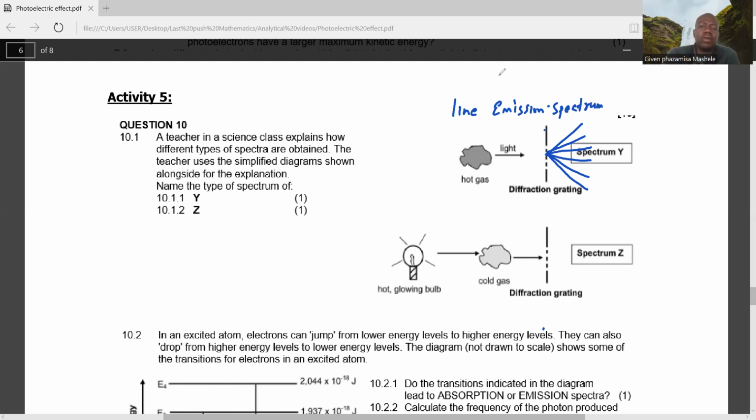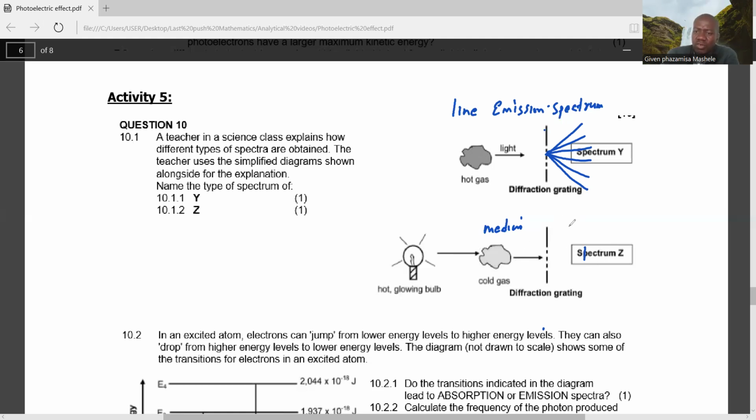Then this one, since this is just light passing through a medium, and this medium, which is a gas, absorbs the energy of the light, what is going to happen? It will produce specific bands depending on the light.